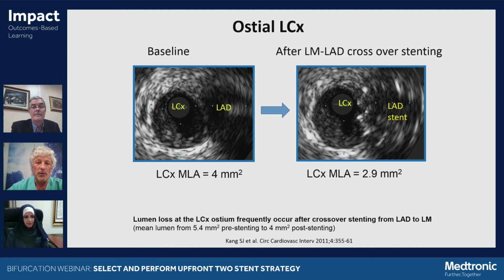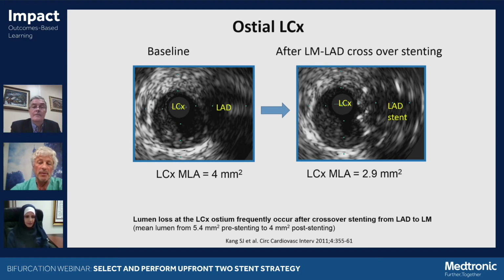And then this larger accumulation of plaque in the circumflex and the carina shift, in this case with the stent. Then the mechanism is many times mixed of both. And this has been published. You have the reference down in the slide that usually there is a loss of 1.5 square millimeters in the circumflex after crossover stenting.